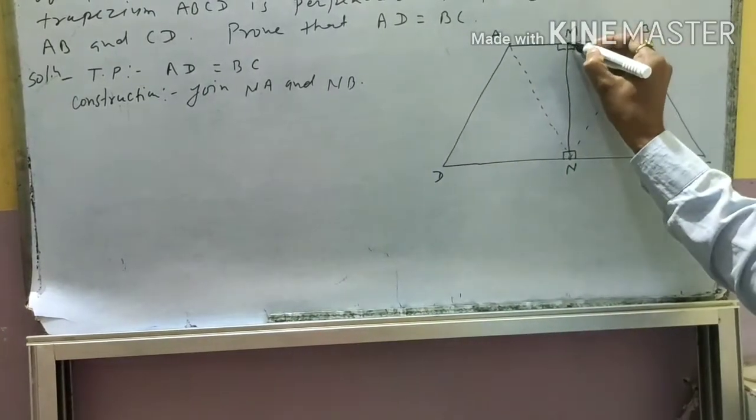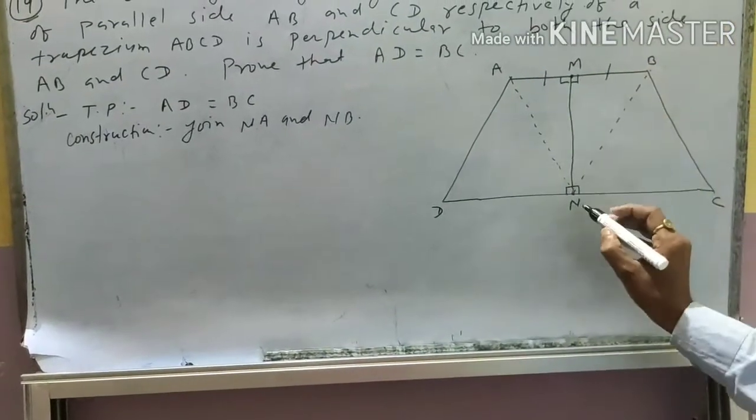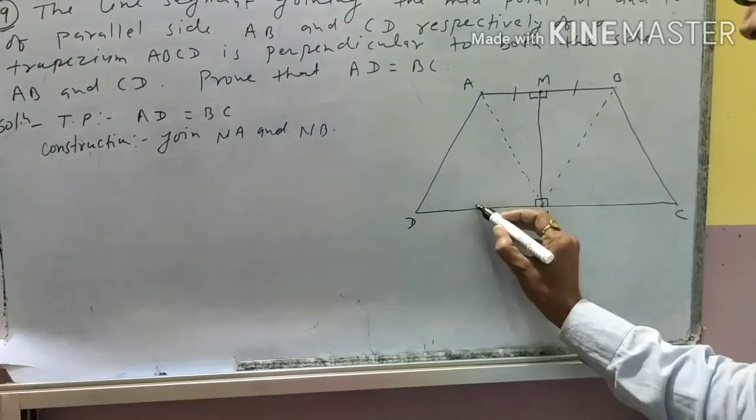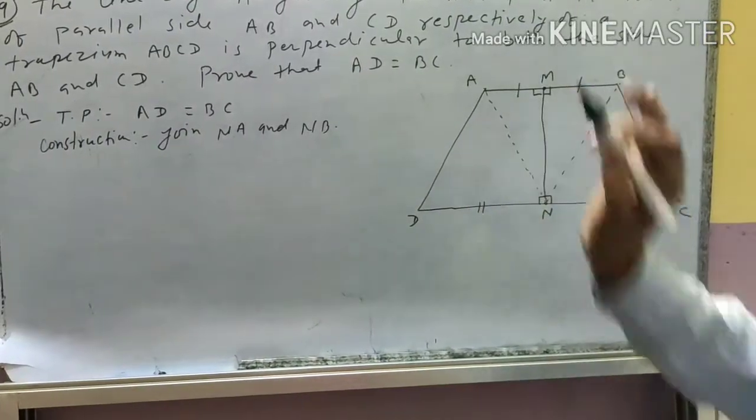We know that M is the midpoint of AB, so this side is equal to this side. N is the midpoint of DC, so this side is equal to this side.